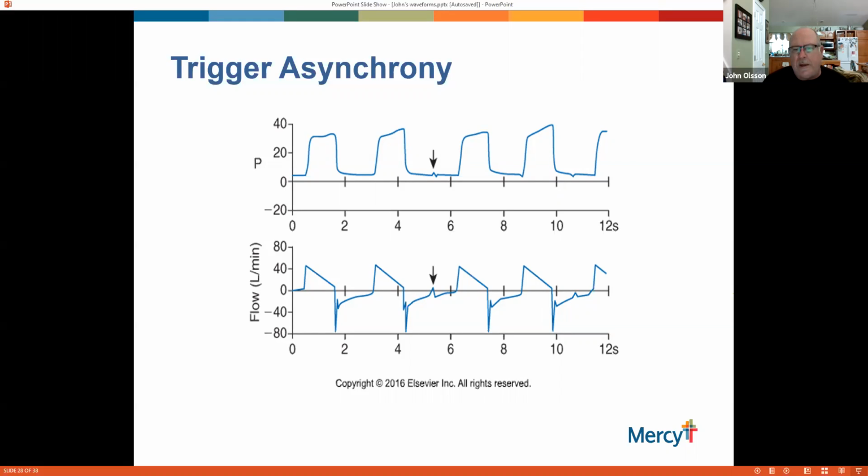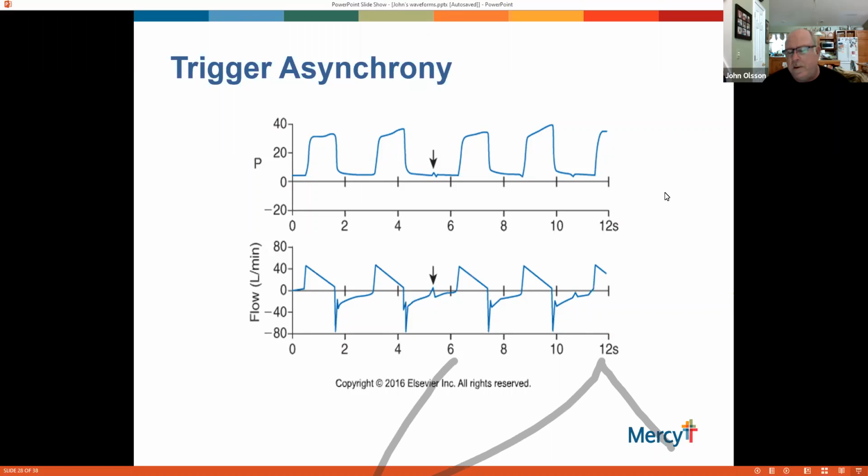So if I have my patient set on a rate of 14 and they want to breathe 20, they're going to want to trigger to get more breaths. So they're trying to breathe in, and right here you can see that they tried to get a breath and they didn't get that breath.